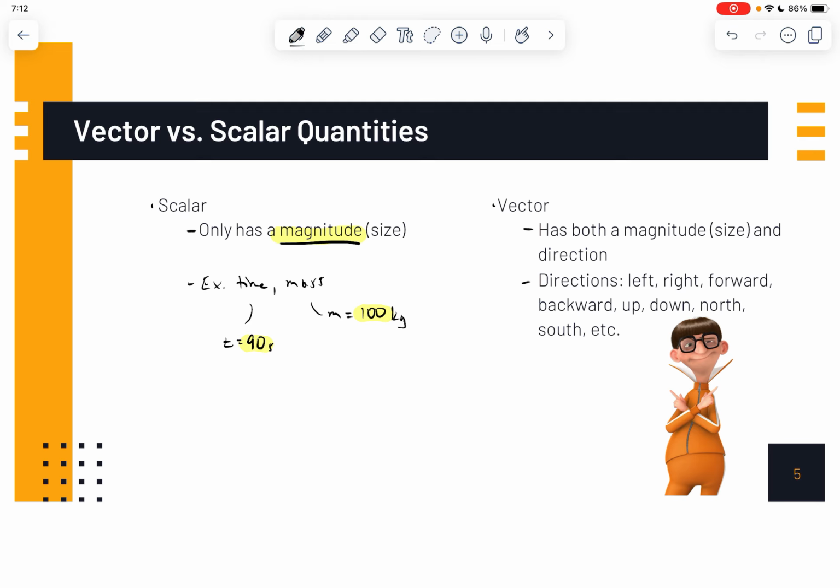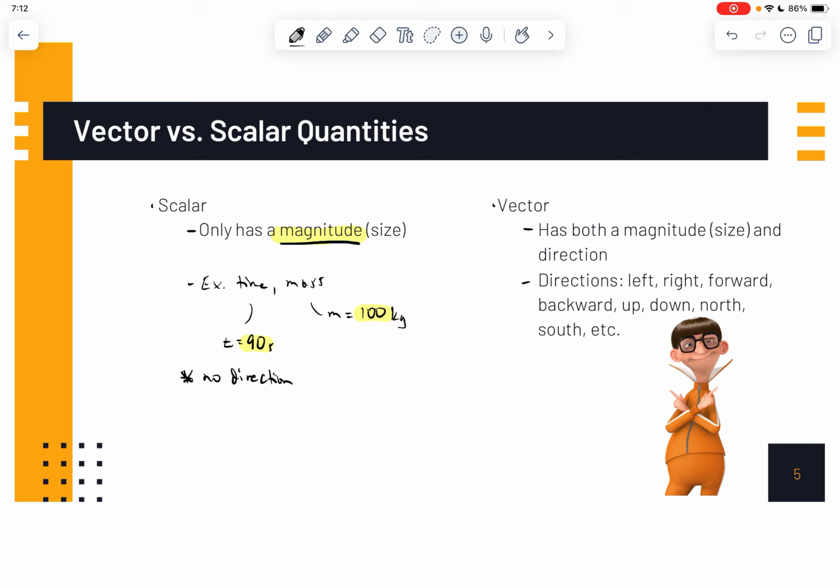What we'll find is there's no mention of direction. You would never say an object has a mass of 100 kilograms to the right. You're only worried about the size of the mass, it's just 100 kilograms.